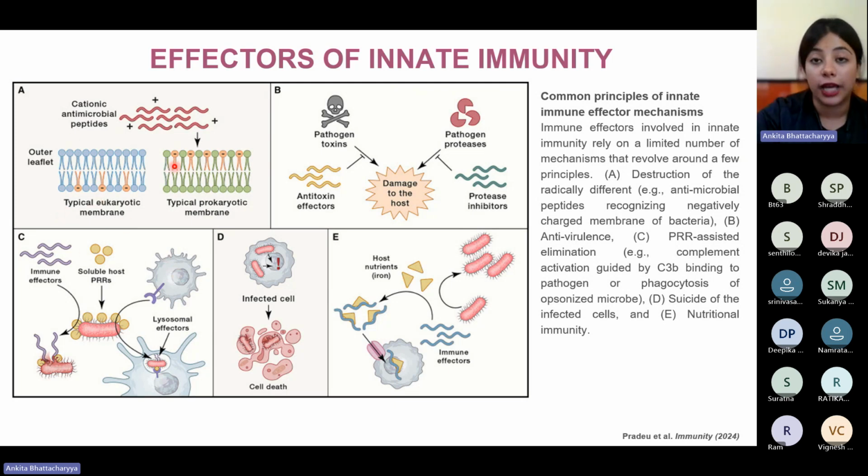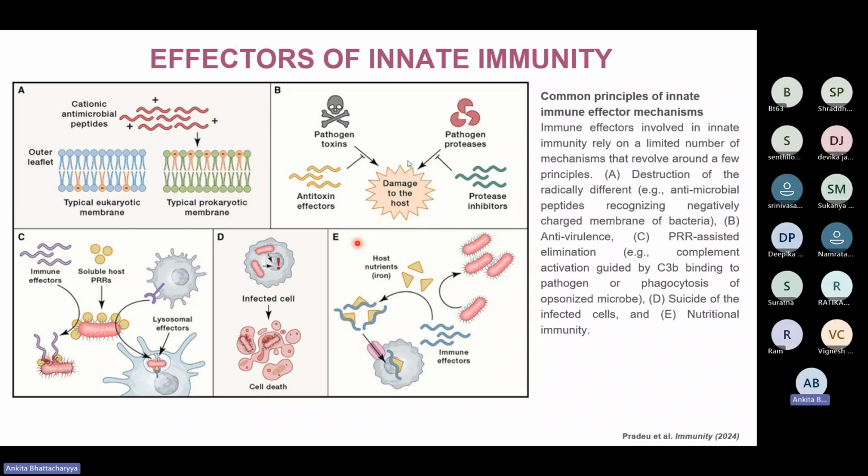It is because a typical eukaryotic membrane is usually arranged in such a manner that the outer leaflet does not necessarily carry a charge, and any negatively charged lipid that might be present is usually put towards the inner leaflet. On the other hand, typical prokaryotic membranes of microbes are very rich in negatively charged lipids. So cationic antimicrobial peptides are able to bind to those negatively charged lipids, and then they are able to trigger cell death. So that is one particular molecular mechanism of innate immunity.